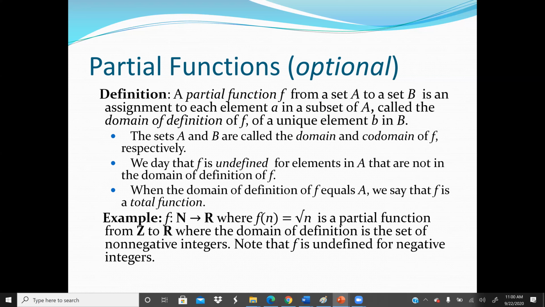Also, we can say that f is undefined for elements in A that are not in the domain of definition of f. When the domain of definition of f equals A, we say that f is a total function.